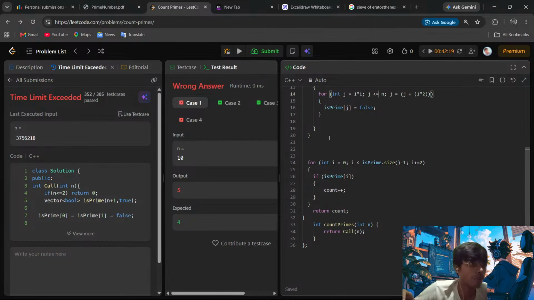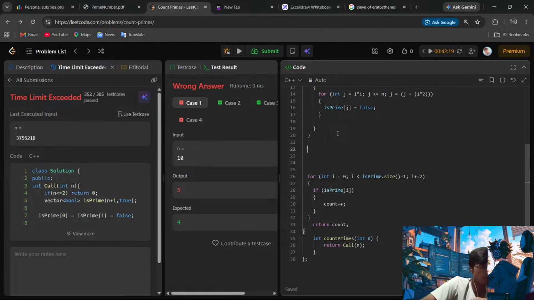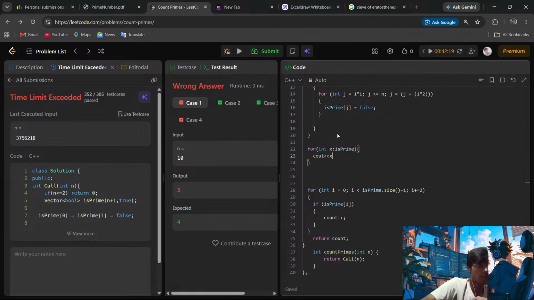First, I have to see what is basically the output, why I get this. So for int x, or what we call is prime, cout x.